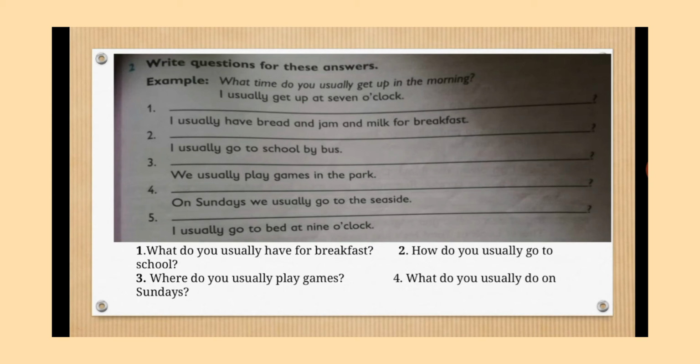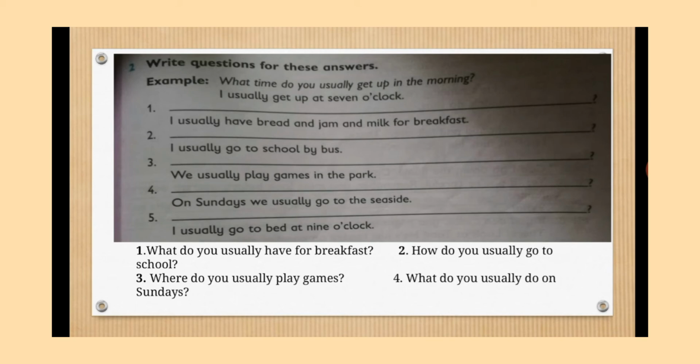That is the question. In this way, you will make the other questions. Second one, I usually have bread and jam and milk for my breakfast. So the question would be, what do you usually have for breakfast?